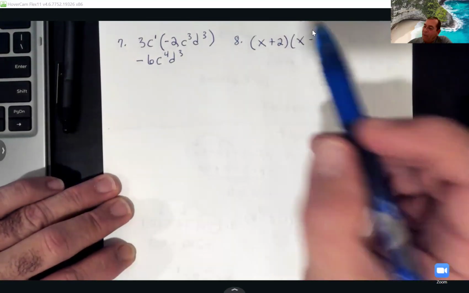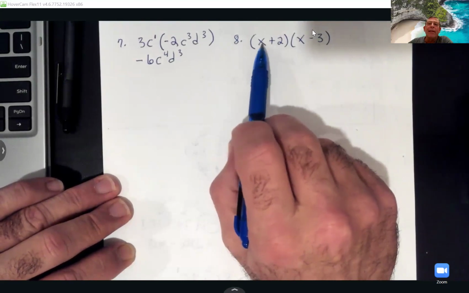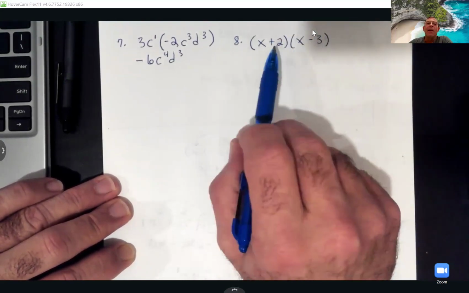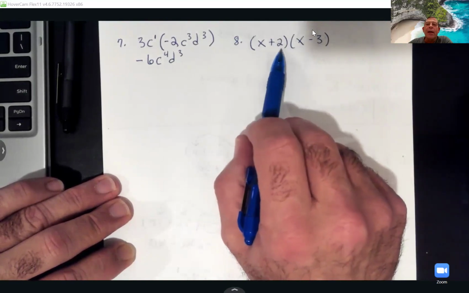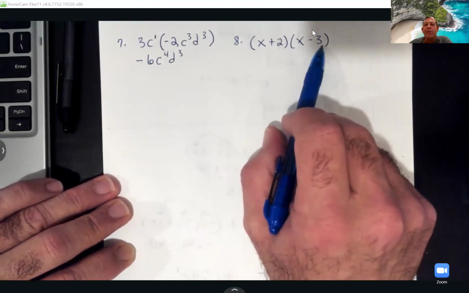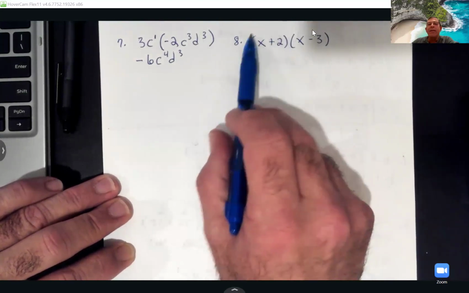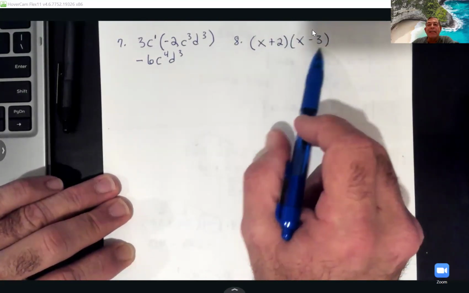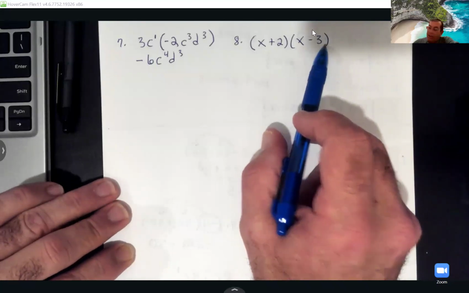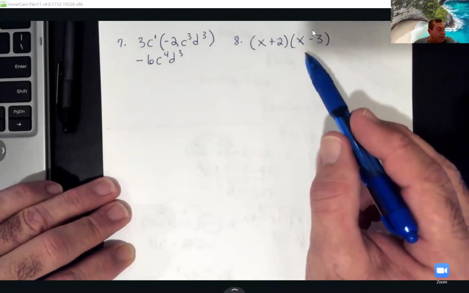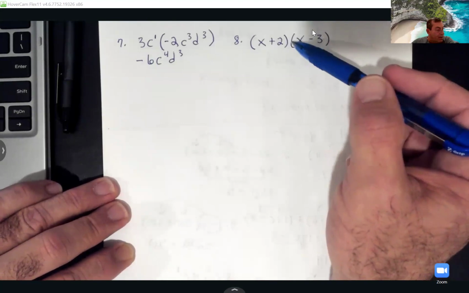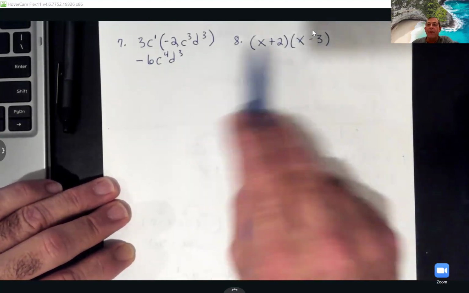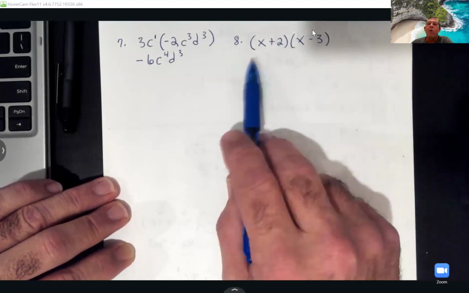Now, really, what you do when you foil, you take the x, distribute it through the second parentheses, and then you take this 2 and distribute it through the second parentheses. Both of these in the first parenthesis get multiplied by both of these in the second. So these last 4 problems are dealing with what we call foiling.